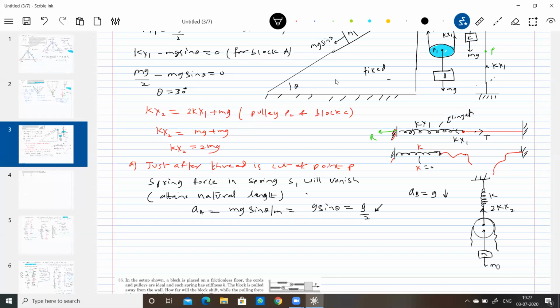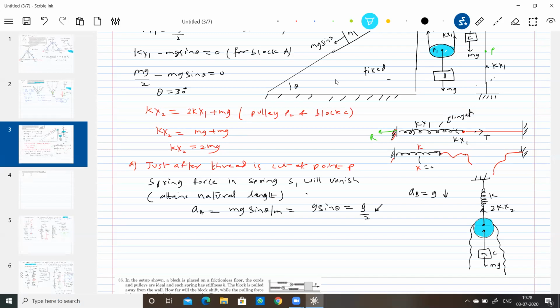So this is the string. Okay, all of you try to see the diagram. Somehow I'm trying to help you. So what happened? The string has become loose, no? So what are the only forces acting on this system now?